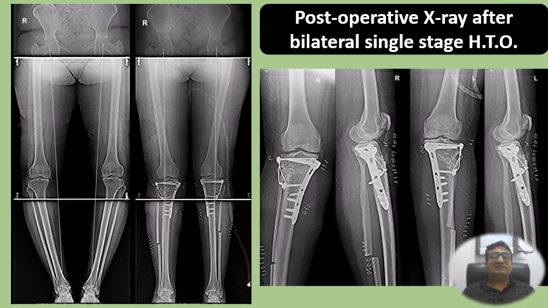This is how we did the proximal tibial osteotomy and then shifted the weight-bearing axis to the level of the lateral tibial spine. Here are the postoperative X-rays.